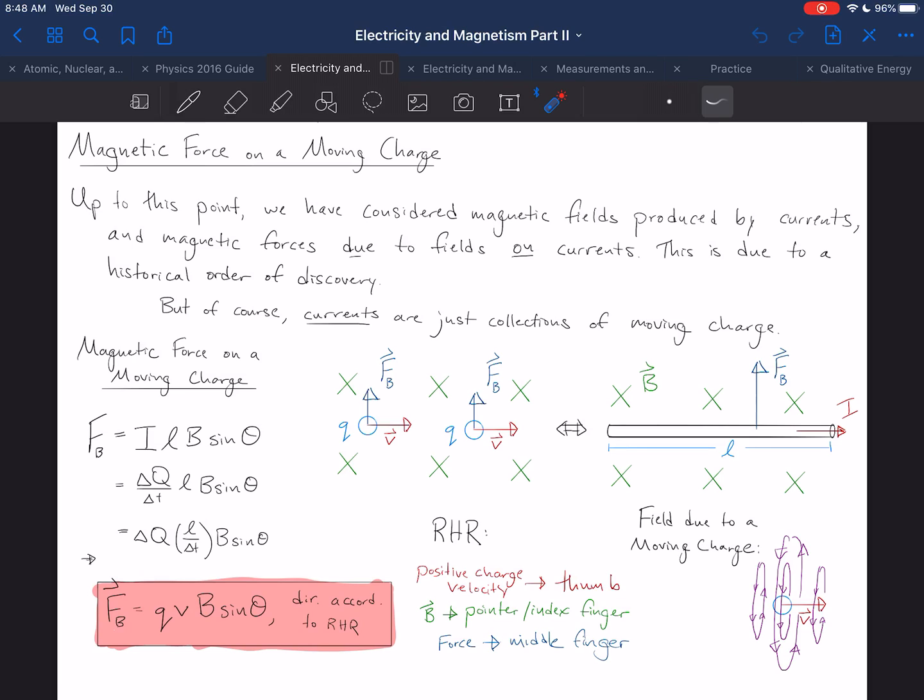So let's take a look and see how we can use what we already know to answer the question: how big is the magnetic force on just a single point charge of size q?